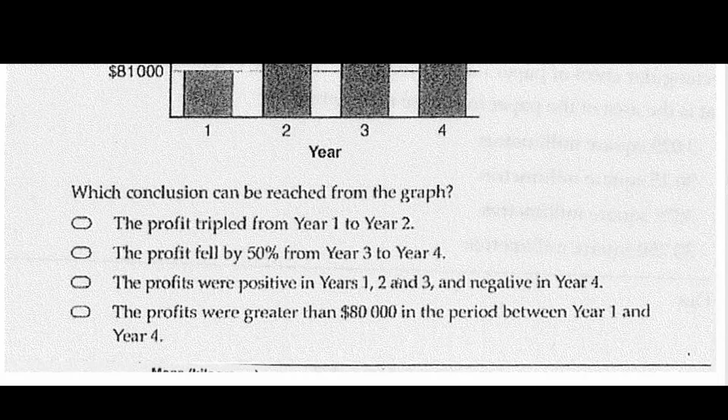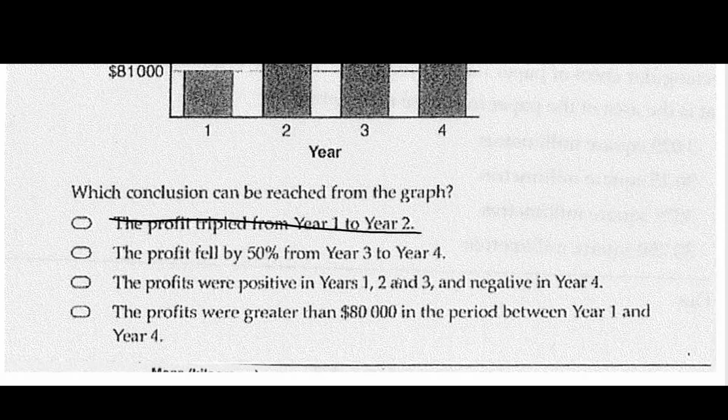Okay, so from year 1, the profit was 81,000, and if it tripled, 81,000 times by 3, we can type that into our calculator, is 243,000. So from the first year to the second year, no, it just went to 83,000. It's nowhere near triple. All right, so no, that one's wrong.